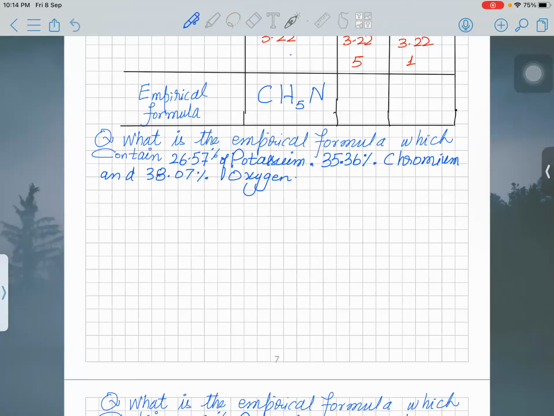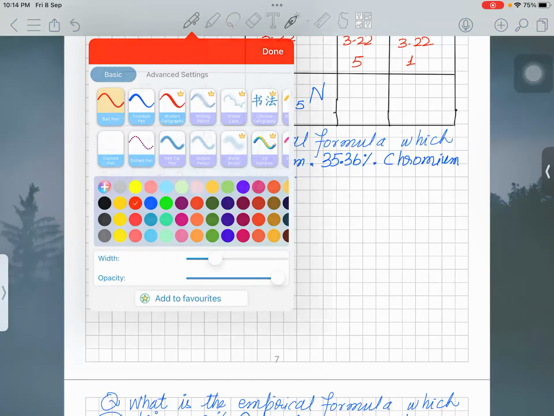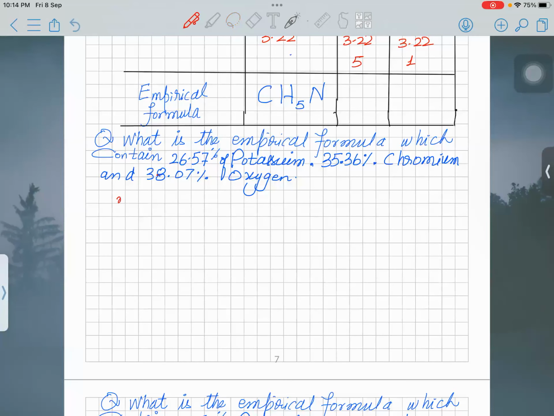Now first, write the mass or percentage. Percentage: potassium, chromium, oxygen.